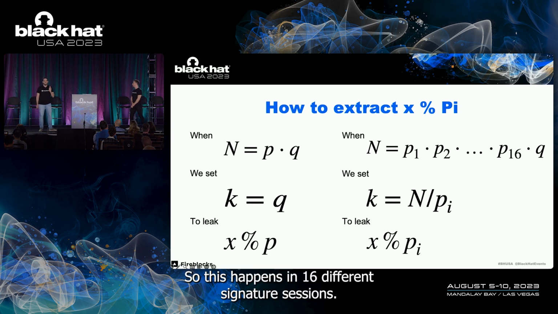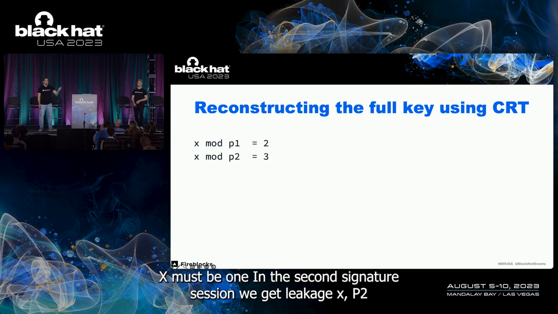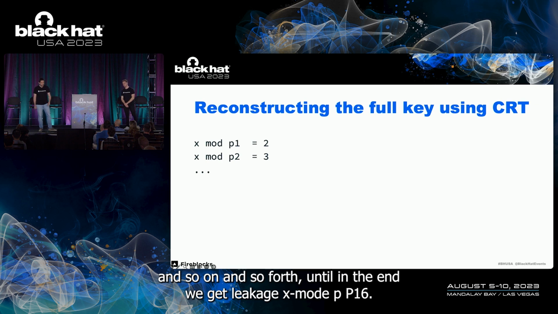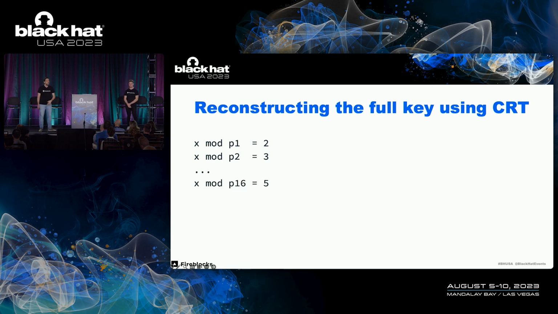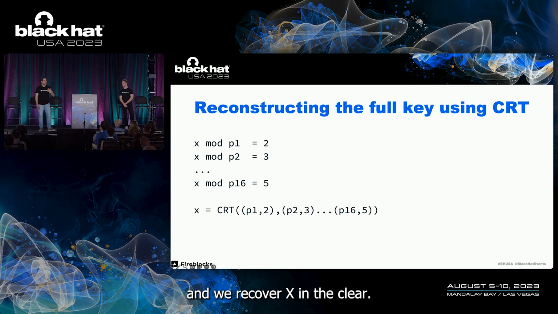So this happens in 16 different signature sessions. In the first session, we choose k over p1. We get leakage x mod p1. In the second signature session, we get leakage x mod p2, and so on and so forth, until in the end, we get leakage x mod p16. We feed all of these remainders into the CRT algorithm, and we recover x in the clear.